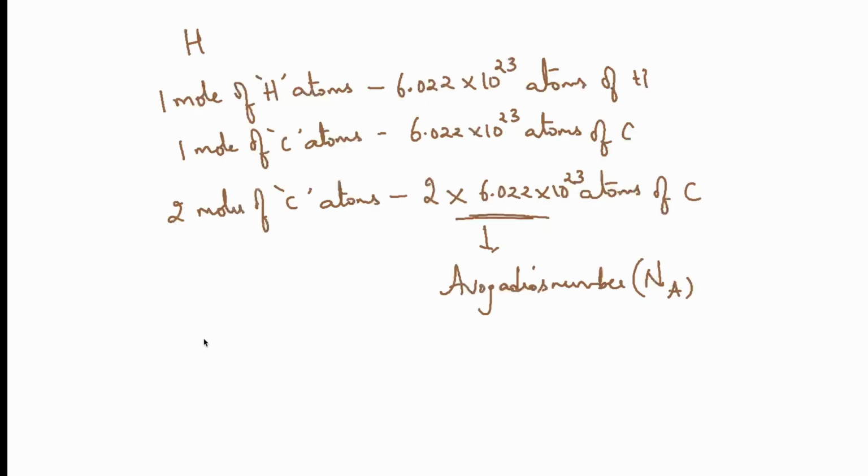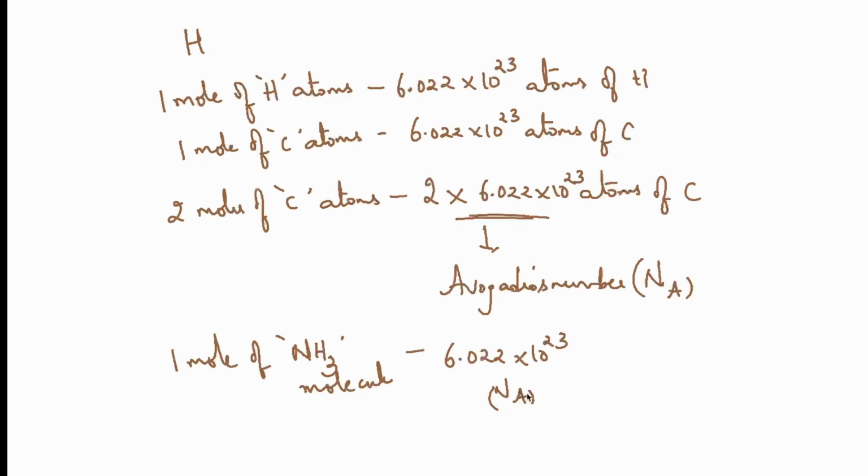Now let's take the case of a molecule. For example, 1 mole of ammonia. Now ammonia is a gas, it's a molecule. So 1 mole of ammonia will have 6.022 x 10^23, which is nothing but the Avogadro number of molecules of ammonia.